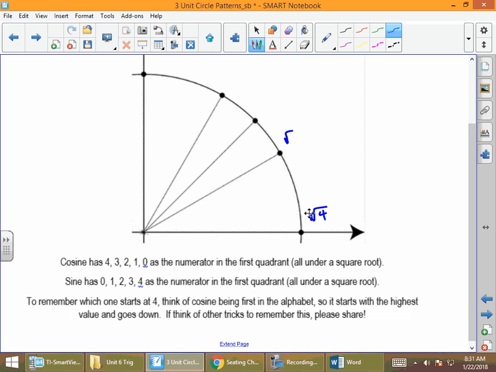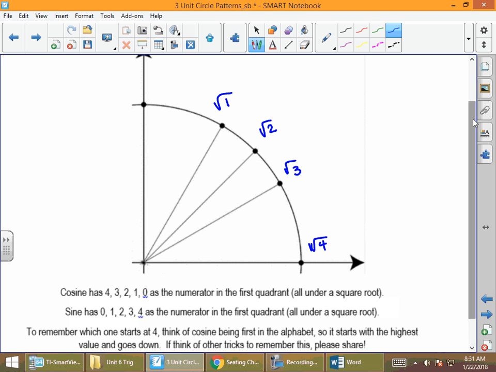And then it's going to be square root of 3, square root of 2, square root of 1, square root of 0. 4, 3, 2, 1, 0. But as we talked about with our hand trick that doesn't show up on the video, all of these values have a denominator of 2.